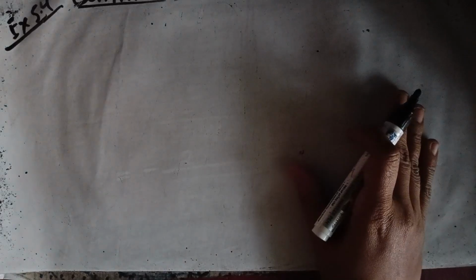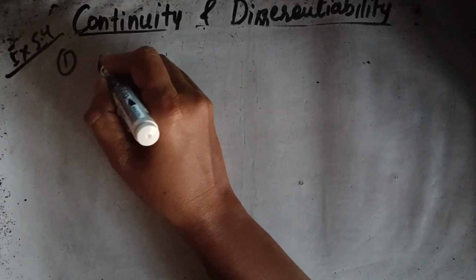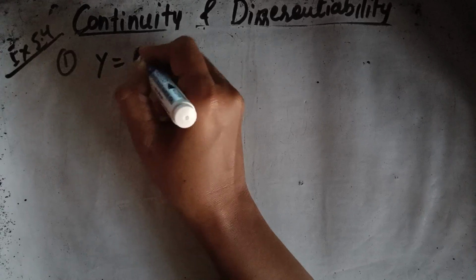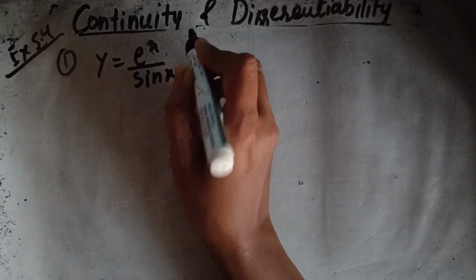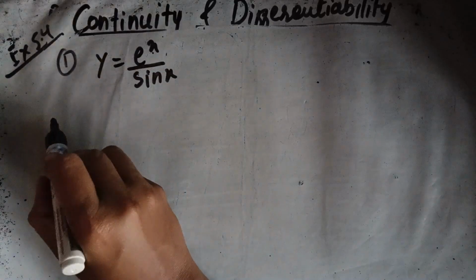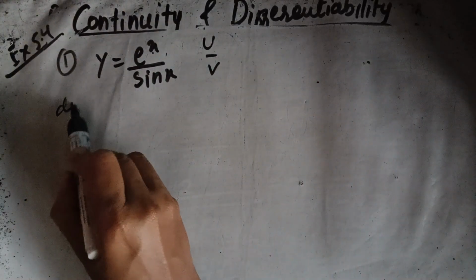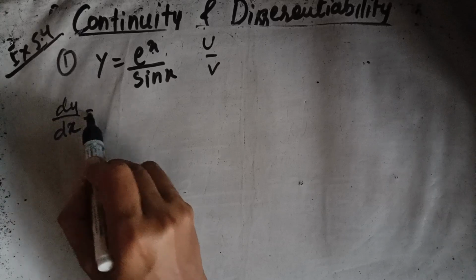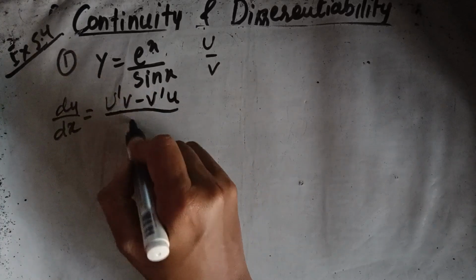Next is exercise 5.4. Okay, first question, e raised to x upon sine of x. So this is u by v rule. So this is u, this is v. So we'll get dy by dx as u dash v minus v dash u upon v square.